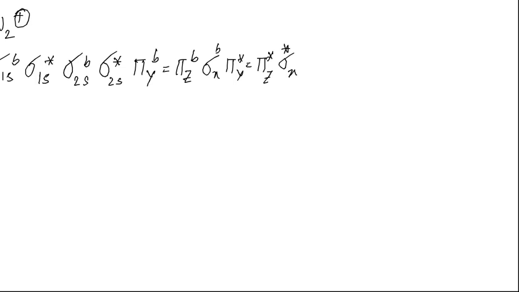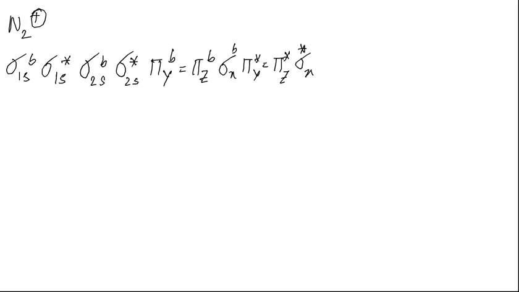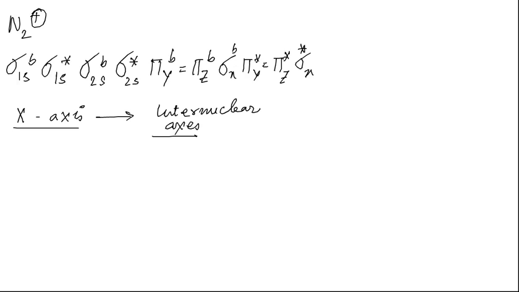Note one thing: in this particular configuration we have considered the x-axis to be the internuclear axis. So in N2 plus there are total 7 plus 7 minus 1, which is 13 electrons to be distributed, if I am considering the whole molecule and not only the valence electrons.